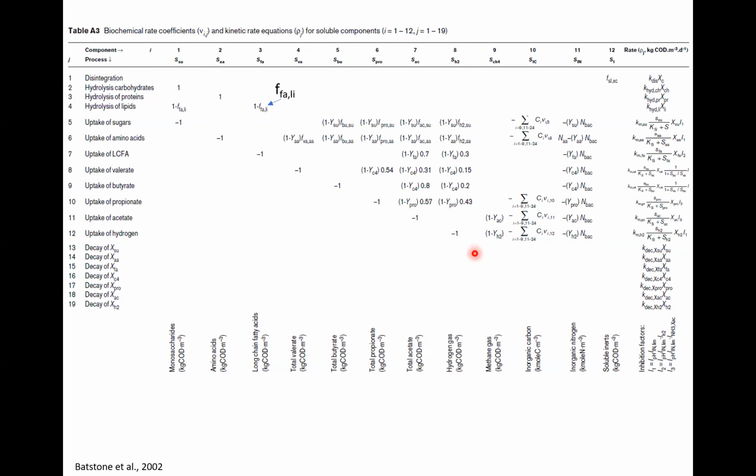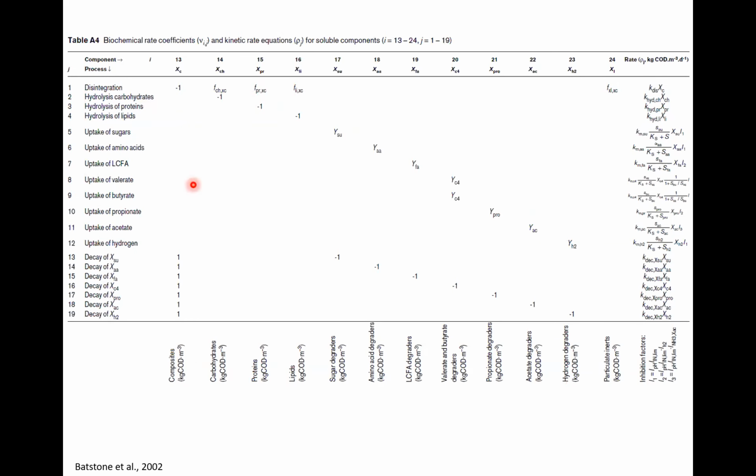The next table in this publication has the same processes, 1 to 19, and the components ranging from 13 to 24. Again, this is X_c, composites, and X_ch, carbohydrates, and X_pr, this is protein, and so forth.